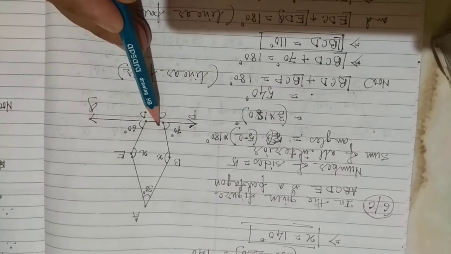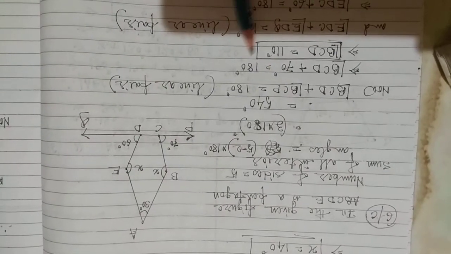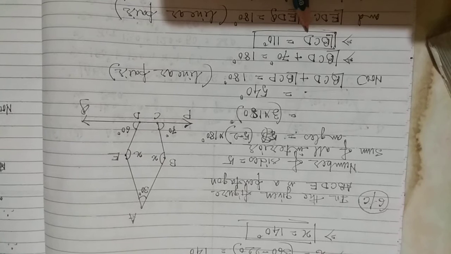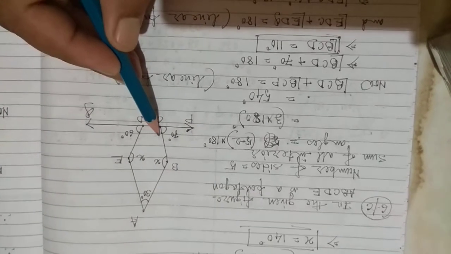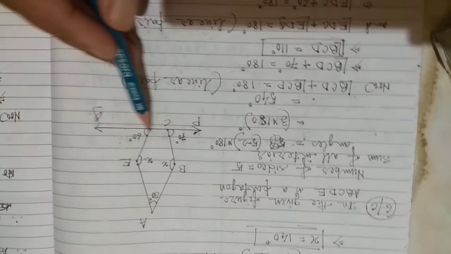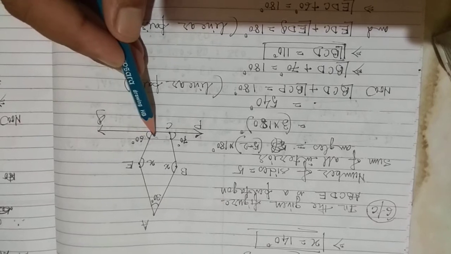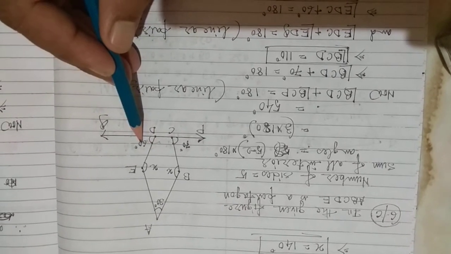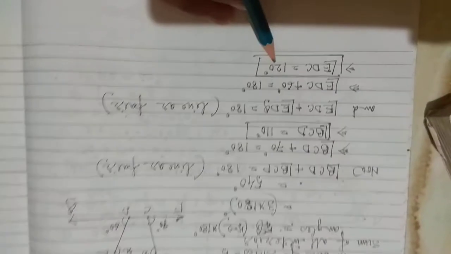So this angle equals 180 minus 70 degrees. So BCD equals 110 degrees. Similarly, the sum of this angle and this angle is equal to 180 degrees, linear pair. So this angle equals 180 minus 60 equals 120 degrees here.